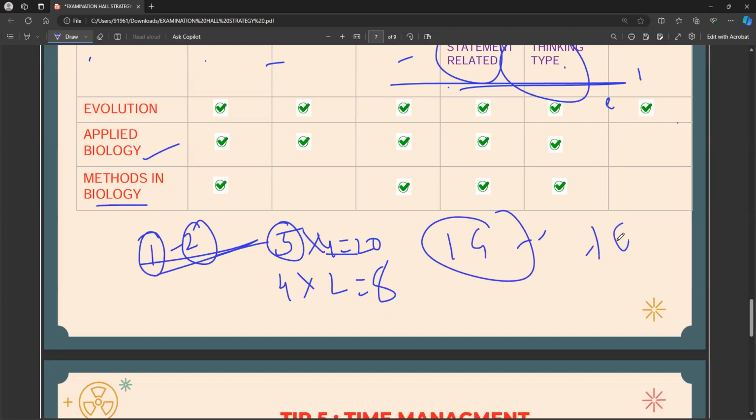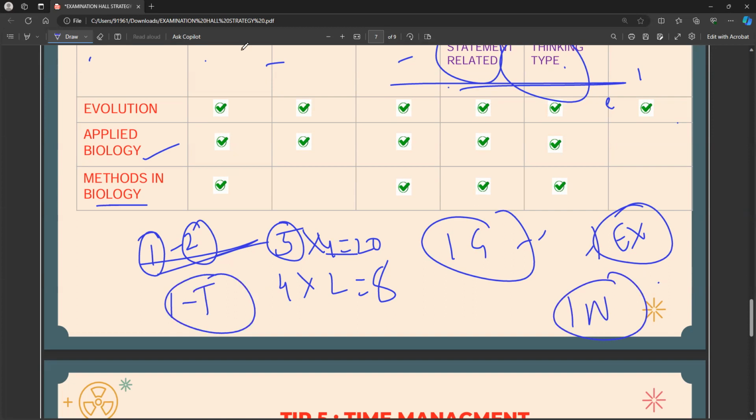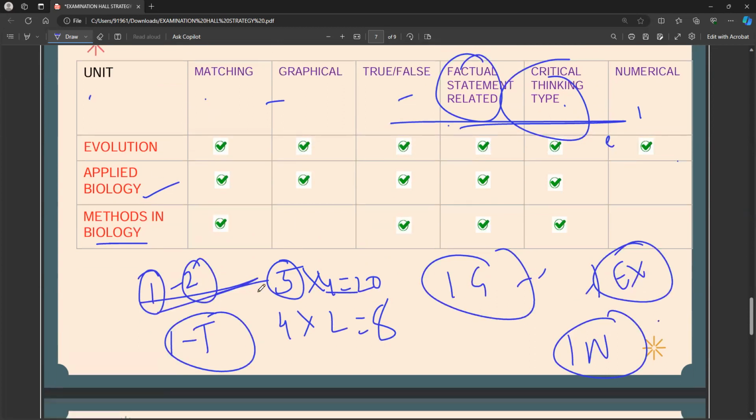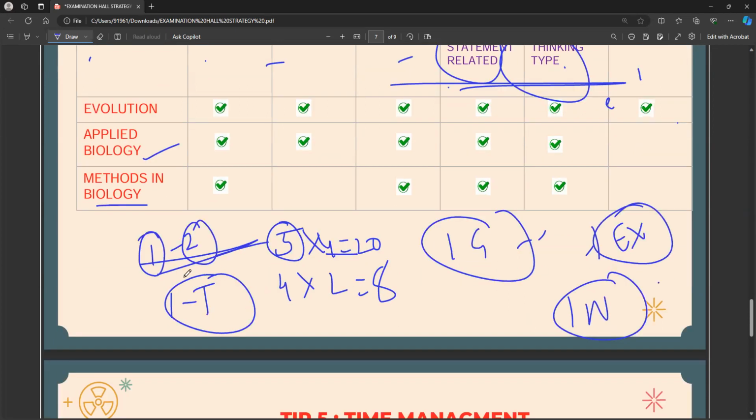You will get 1 experimental based question. You will get 1 numerical question. You will get 1 true or false statement question. All will be covered in this particular unit also. Hence, you have to decide whether you are good in the graphical part, the matching part, or the experimental part. You decide that, and based on that only you give the answer.